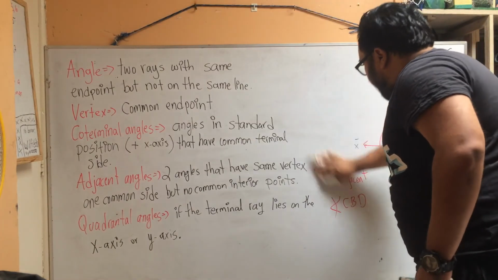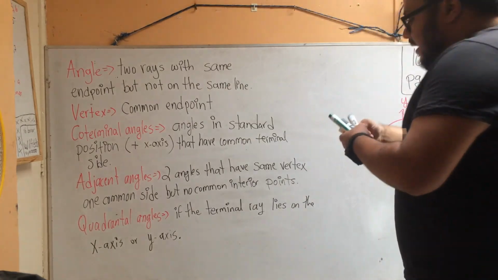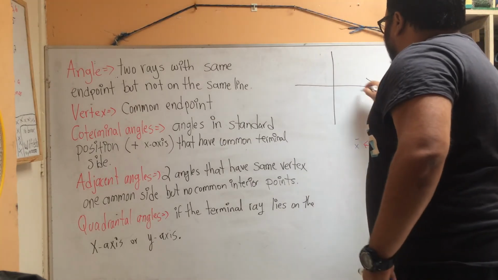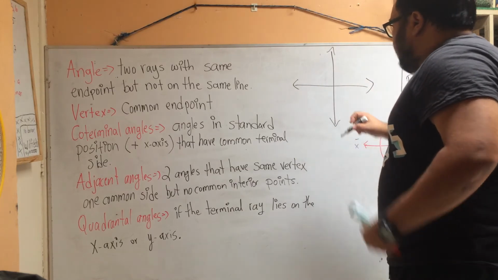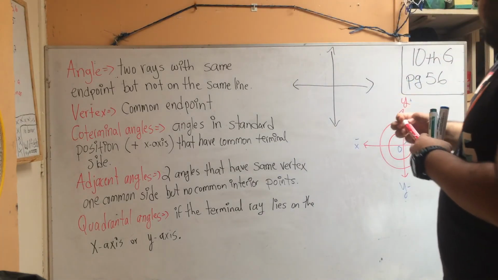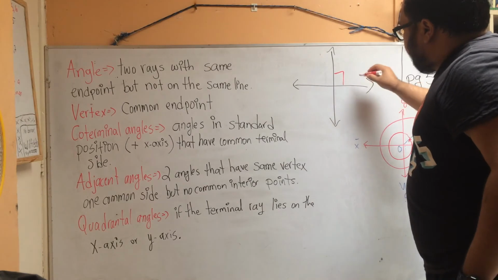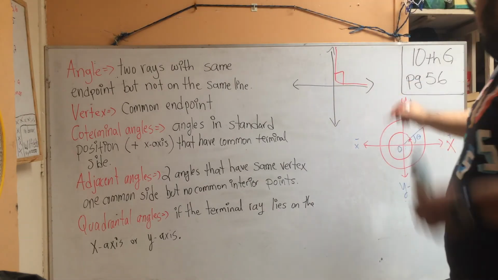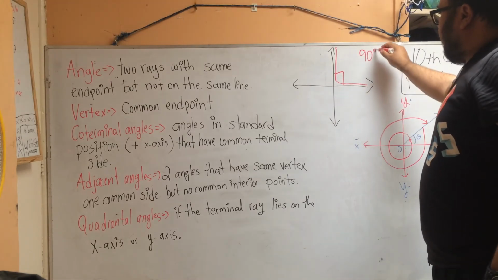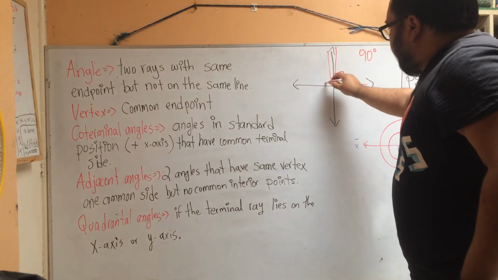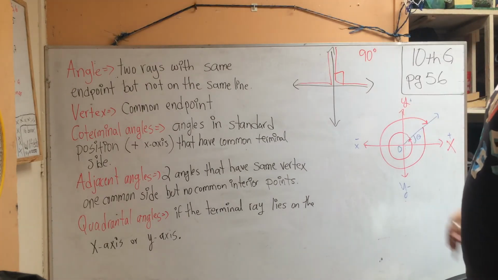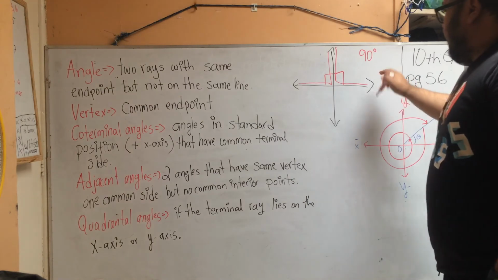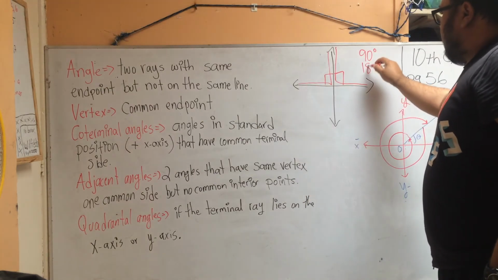If we have this as a coordinate plane, quadrantal angles are going to be, for example, this measurement. This here is going to be a quadrantal angle that is 90 degrees. This angle, sorry, is also a quadrantal angle, and this angle together is 180.